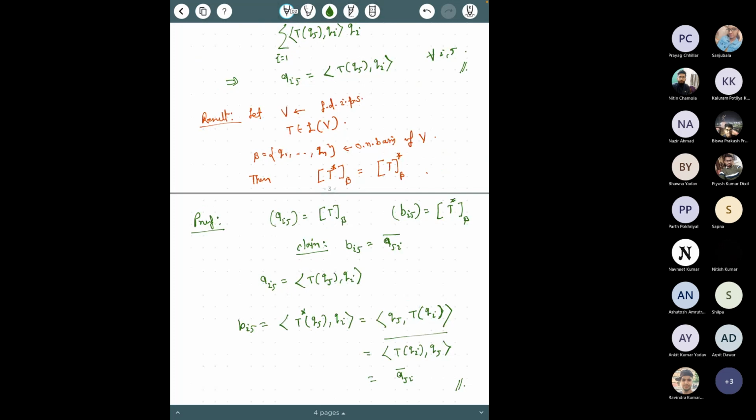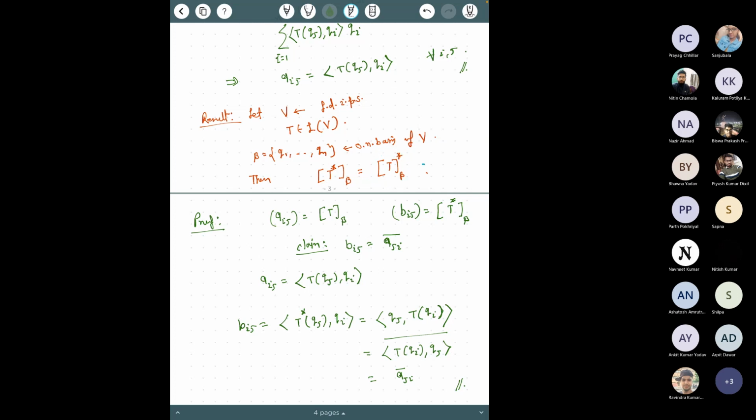If you are given a linear operator T on a finite dimensional inner product space, what you will do is fix a basis, any orthonormal basis. Once you have an orthonormal basis, you find the matrix representation of T. Because of this result, you immediately know the matrix representation of T star. You don't know T star explicitly, but you know its matrix representation.